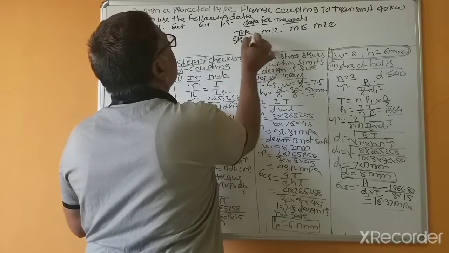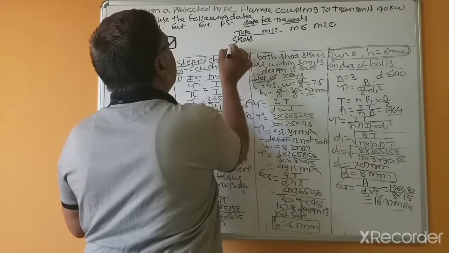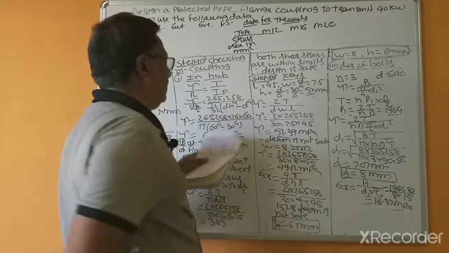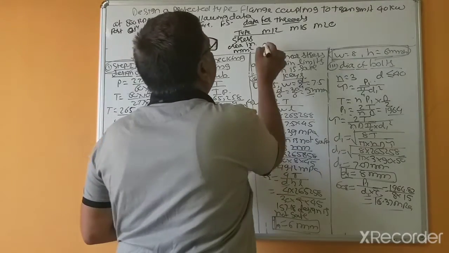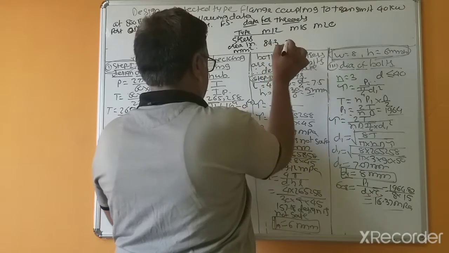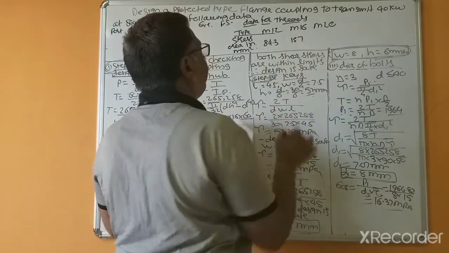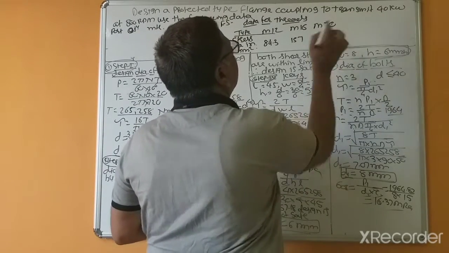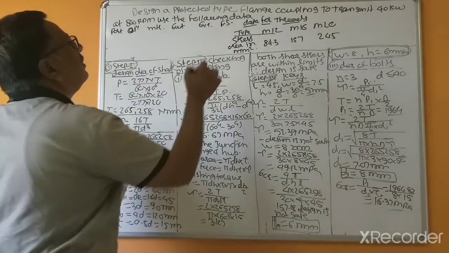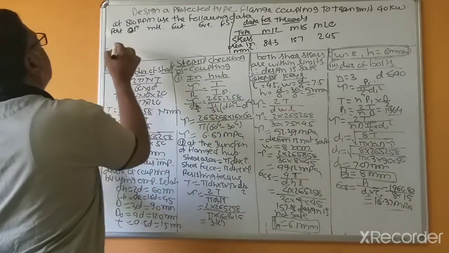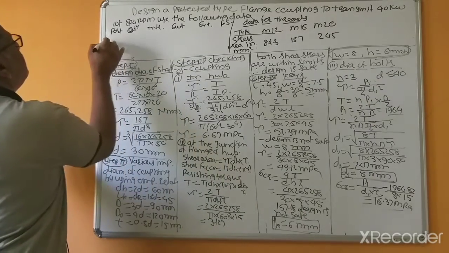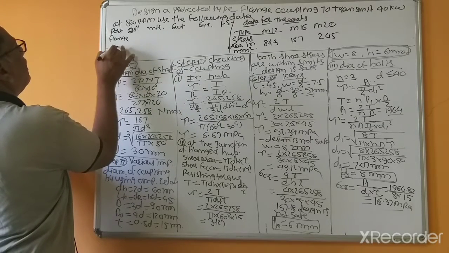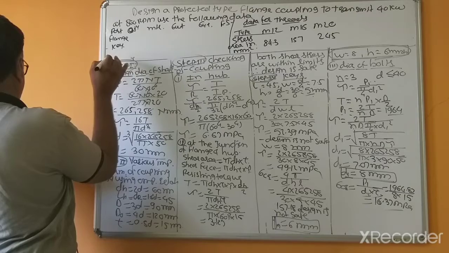Stress area in mm squares: 84.3, 157, and 245. Parts: flange, key, bolts.